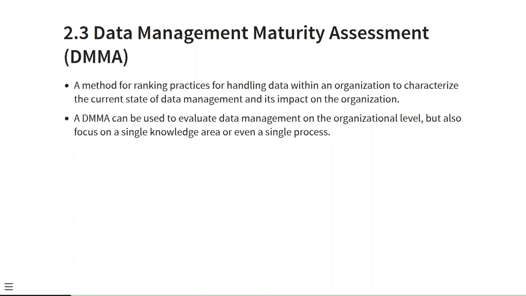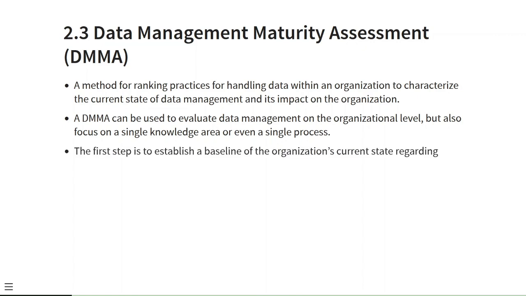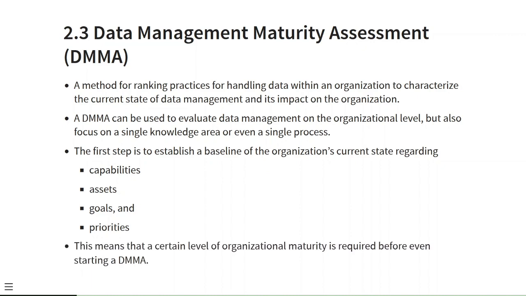A DMMA can be used to evaluate data management on the organizational level, but also focus on a single knowledge area or even a single process. The first step is to establish a baseline of the organization's current state regarding capabilities, assets, goals, and priorities. This means that a certain level of organizational maturity is required before even starting a DMMA.